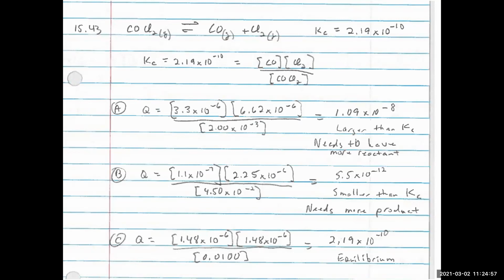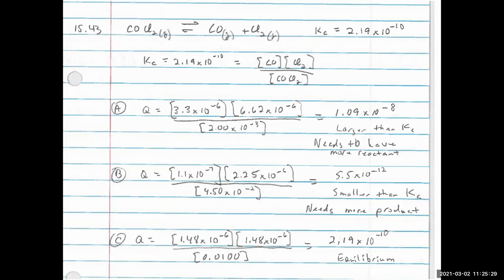If this Q number is bigger than the equilibrium constant, it's telling me that I have more products. For that number to be big, the numerator's got to be bigger. And so that means we need more reactants. So in that case, if we were monitoring it, the reaction would start going towards the reactant side.